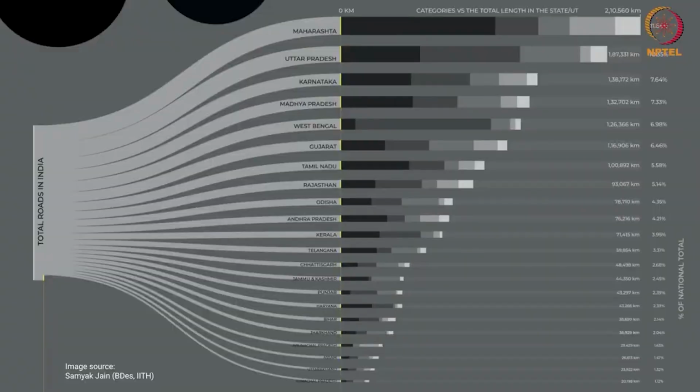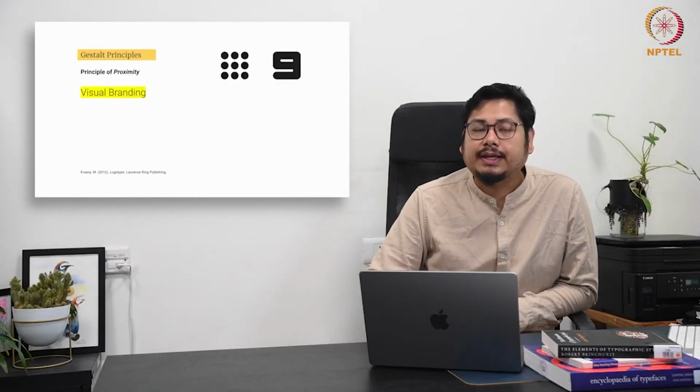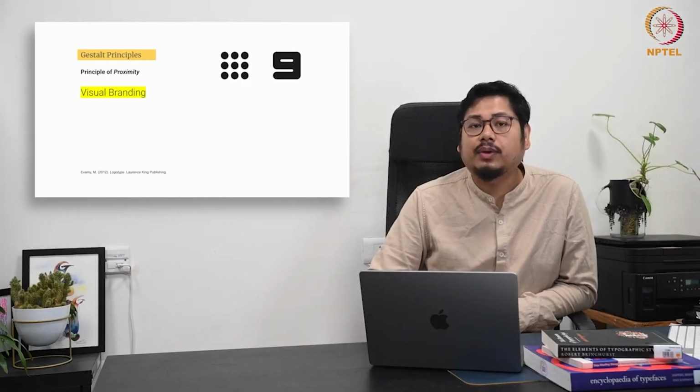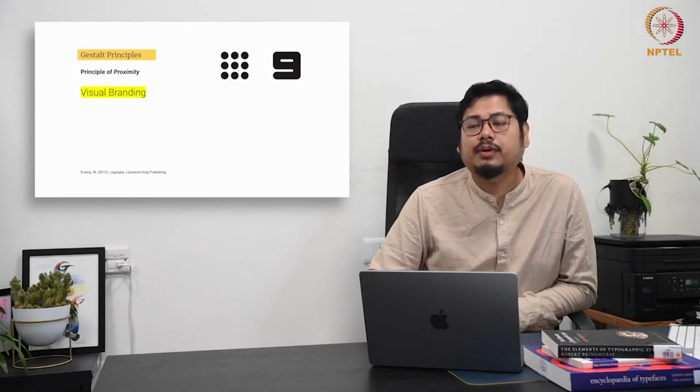This is how people doing data visualization can take the benefit of proximity in grouping things, although there may be multiple pieces of information associated with that representation. If you carefully look into the idea of proximity, it will help you compose the information, even though the information may be larger in terms of content.